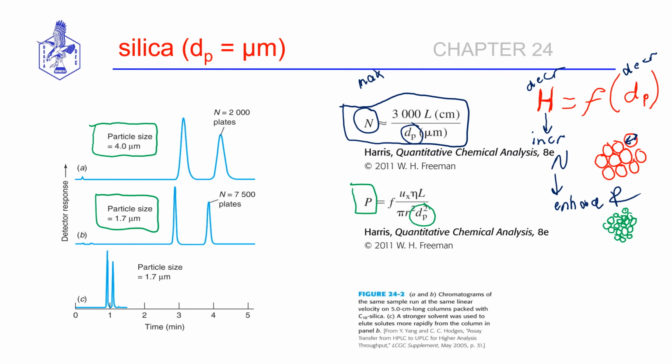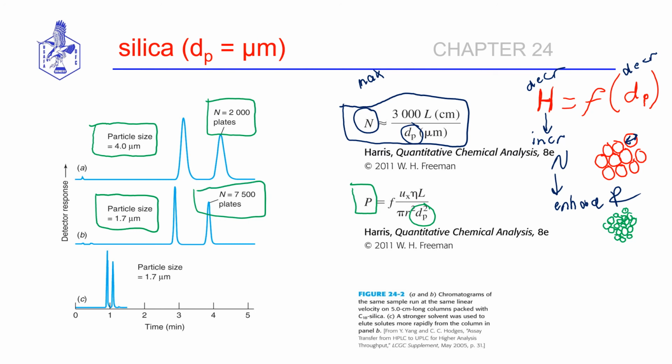You can see that the number of theoretical plates for the peak illustrated here is 2,000, whereas if we decrease the particle diameter, the peak is much narrower and the number of theoretical plates is improved, 7,500.